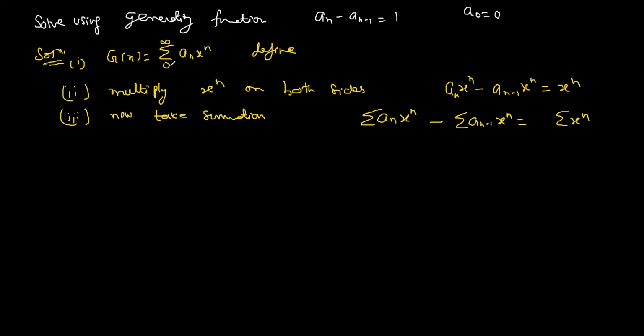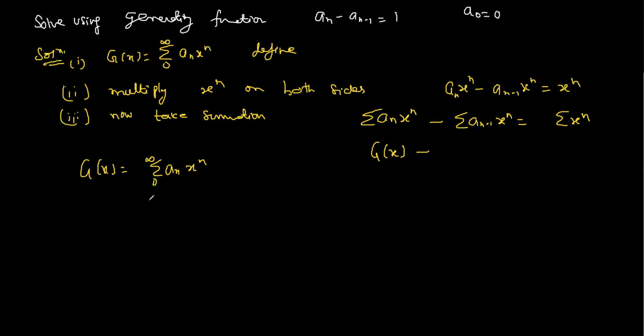Always remember, this is G(x). And this is what? G(x) is a_n x^n, right? But here n minus 1 is given.